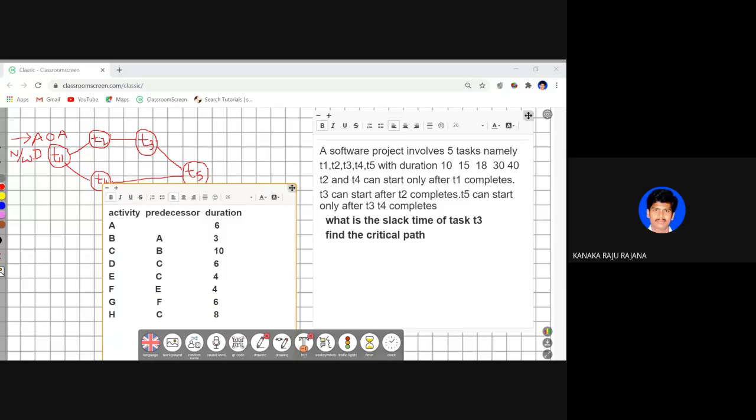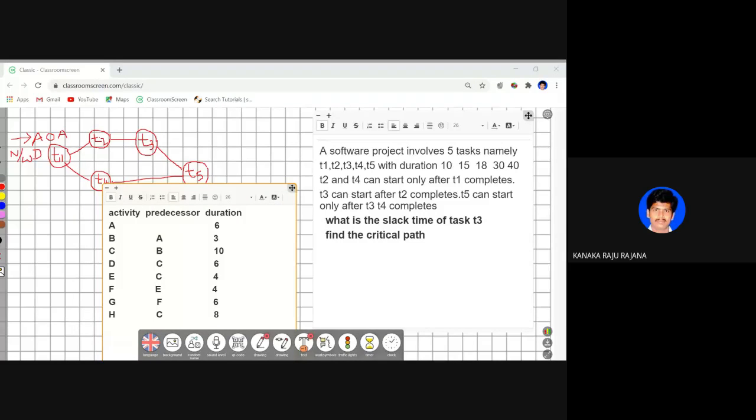PERT is fully dependent on the concept of CPM. If you know CPM, then only you can solve PERT problems. Please do remember. That's the reason I'm repeating this with so many examples.